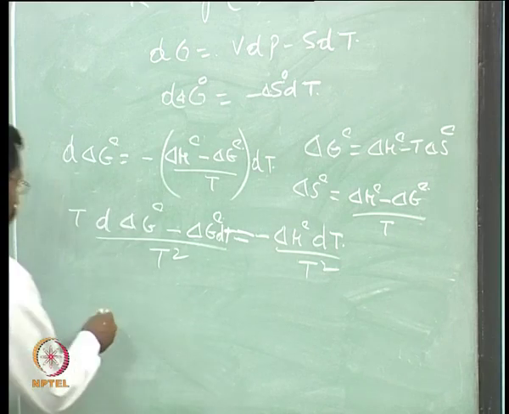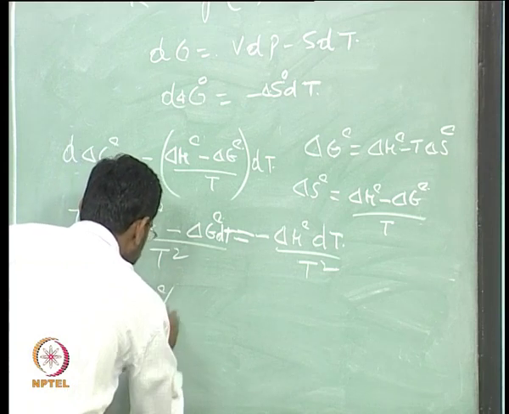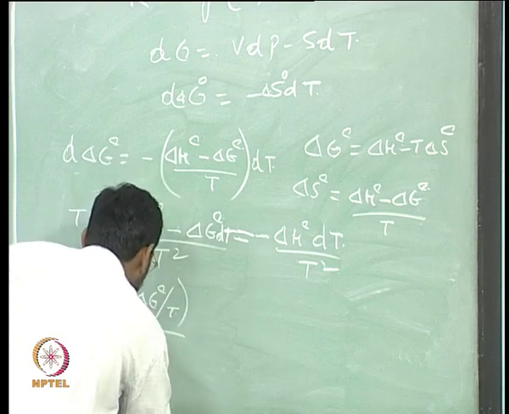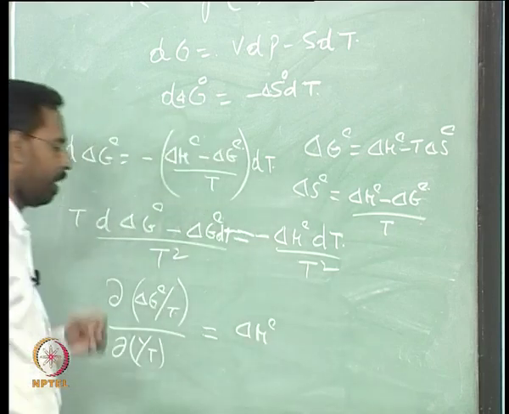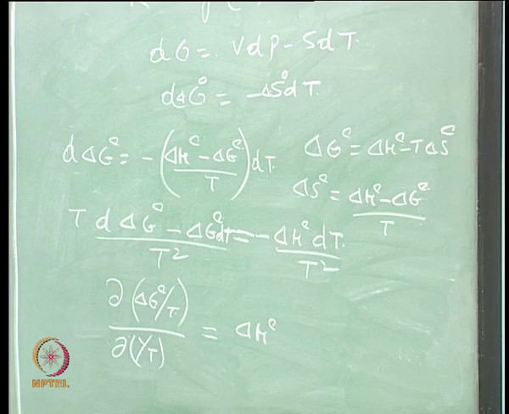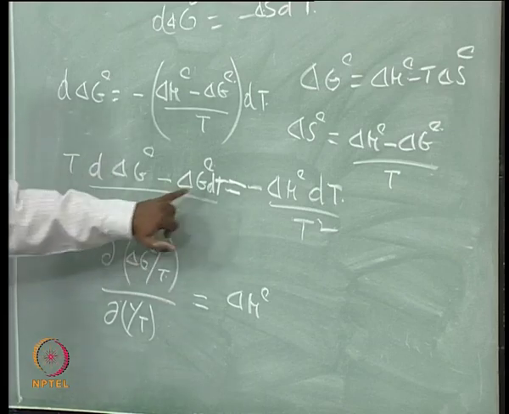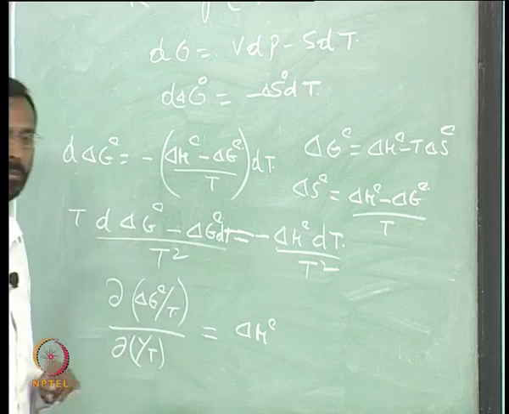you will be able to see this whole thing as dou of delta G naught by T of dou of 1 by T is equal to actually delta H naught. You can actually show that to become actually this. Basically this becomes a dG by T and dG by T square, and that if you take it as 1 by T, it turns out to be this.